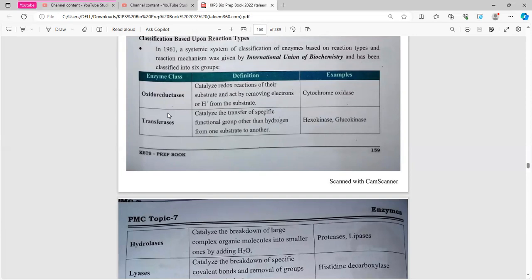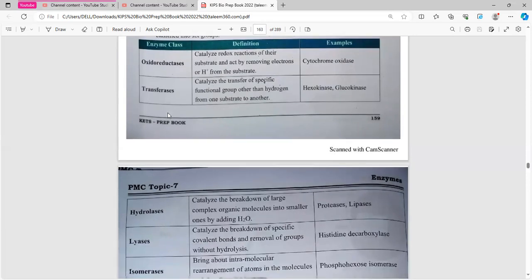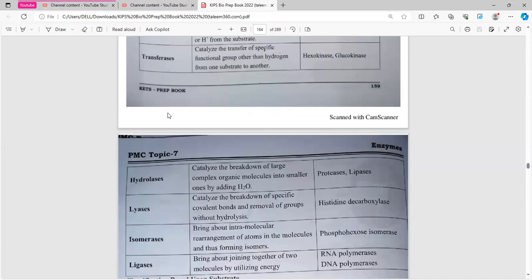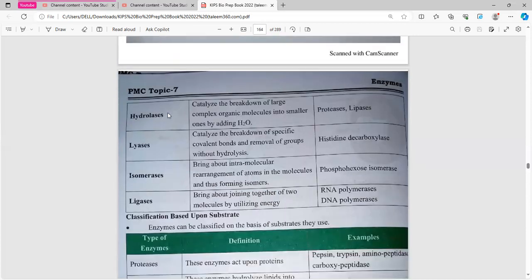Similar is the case with transferases, which help to catalyze the transfer of a functional group. Now come hydrolases, which help to catalyze the breakdown of large organic molecules into smaller ones by adding water. Lyases help to catalyze the breakdown of specific covalent bonds without hydrolysis, meaning without the involvement of water.